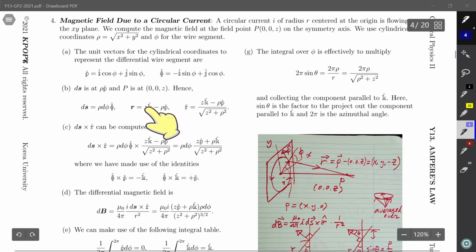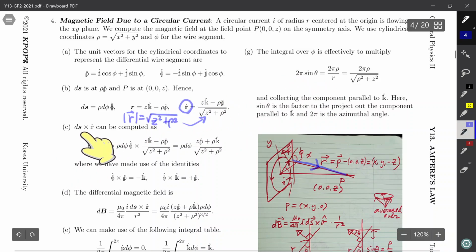Therefore, the magnitude of this vector is the square root of z squared plus rho squared. So the unit vector along the r direction is this.